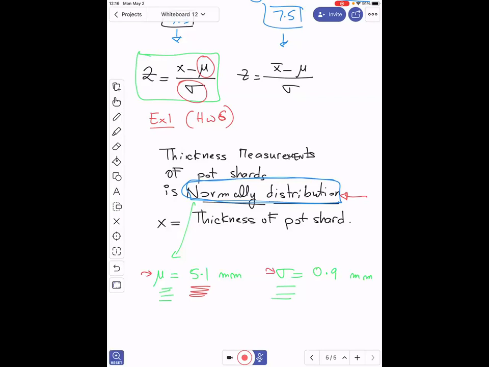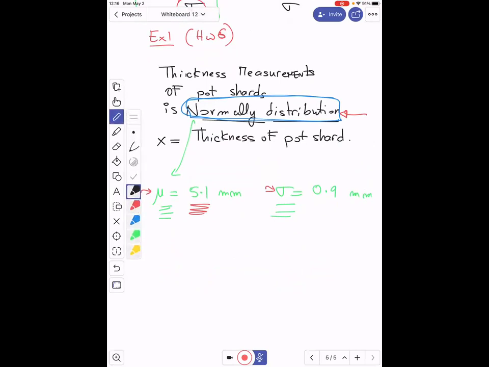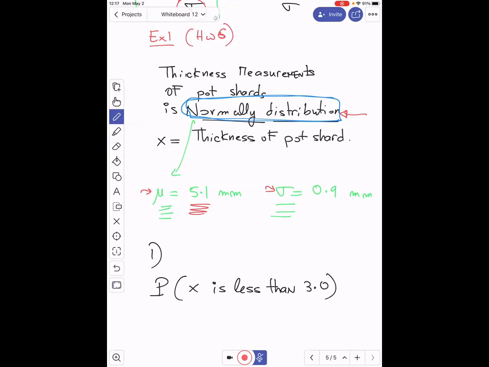Now, the first question says: what's the probability that the thickness is less than 3.0 millimeters? Again, variable x is the thickness of your port chart. You want the thickness to be less than 3.0 millimeters, so we want to compute the probability that x is less than 3.0 millimeters.